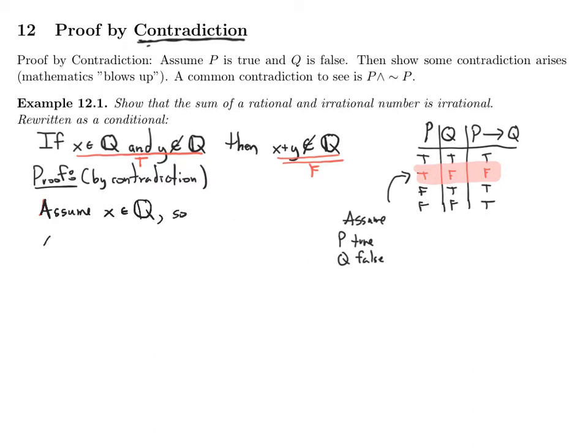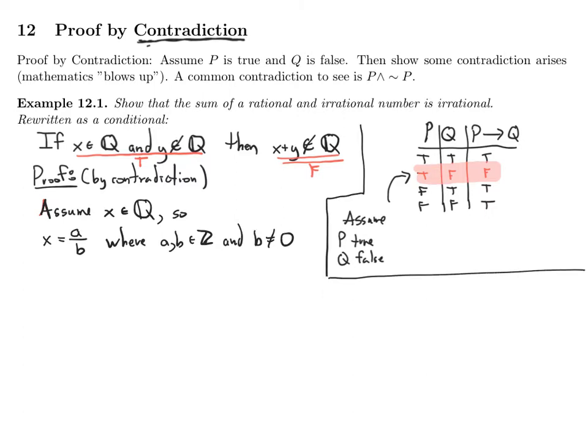That means that x can be written as a over b, for some integers a and b, where of course a and b are integers, and we don't want a denominator of 0, so let's tell people that b isn't 0. Let's break this section off so that we have a little more room to deal with and things are a little more clear. So let's say there. Okay.